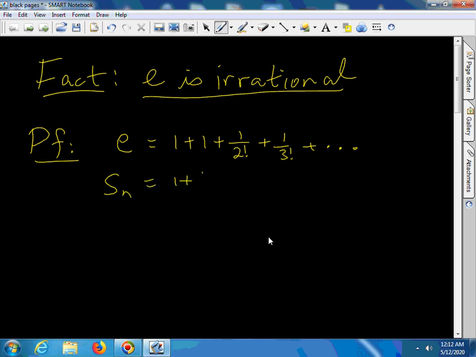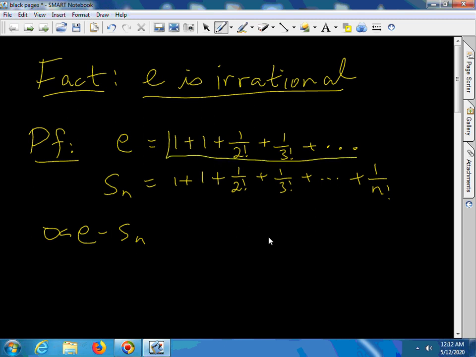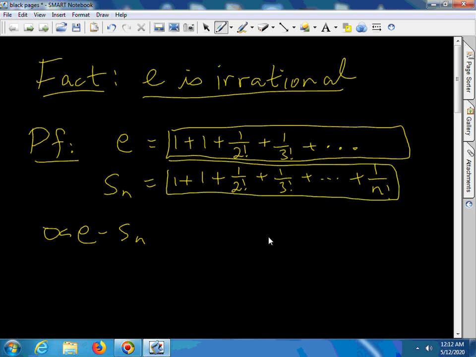It's 1 plus 1 plus 1 over 2 factorial plus 1 over 3 factorial all the way up to 1 over n factorial. e minus s sub n is going to be positive because you're adding all these positive numbers, an infinite number of them, but then you're only taking away a finite number of those terms.